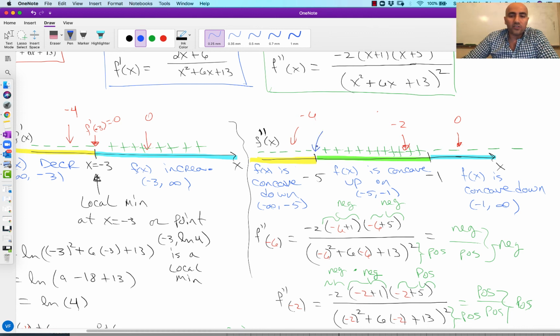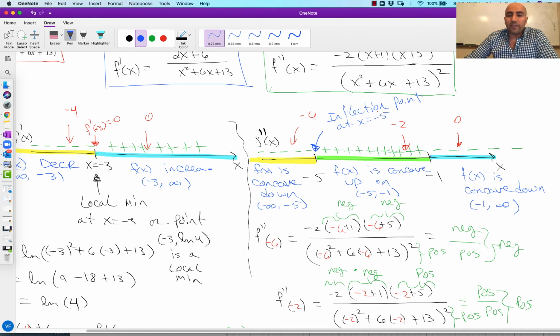And we know that negative 5 is part of the domain of our original function, right? The domain was all real numbers. So that lets me conclude that there is an inflection point here. Inflection point at x equals negative 5.